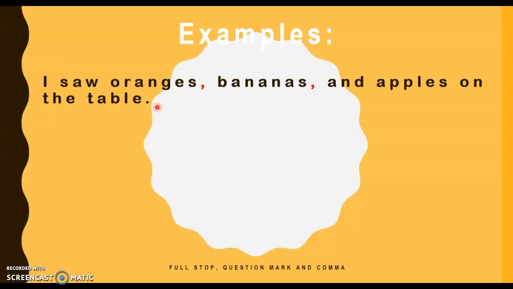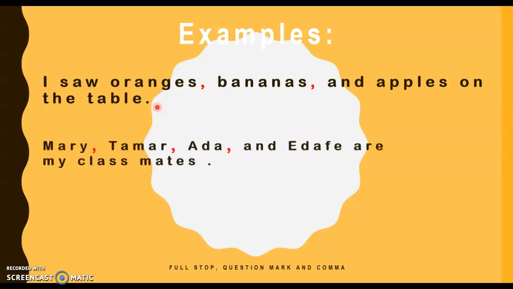Now let's look at another example. Mary, Tama, Ada, and Idafi are my classmates. Here you see how the comma works again. It helps you to pause rather than just reading on and on without a pause.